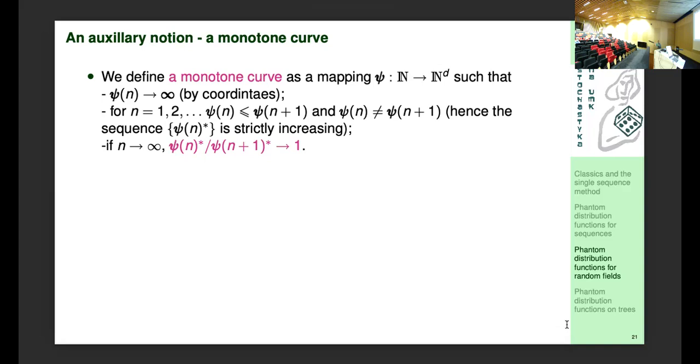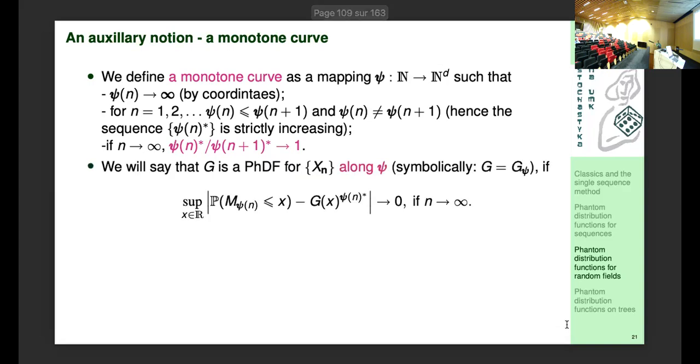We have monotonicity in each coordinate, and we do not assume that this can stop somewhere. Moreover, we assume that the products of coordinates converge to infinity. It is important to have this property.